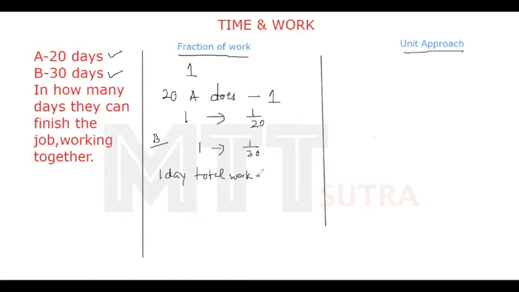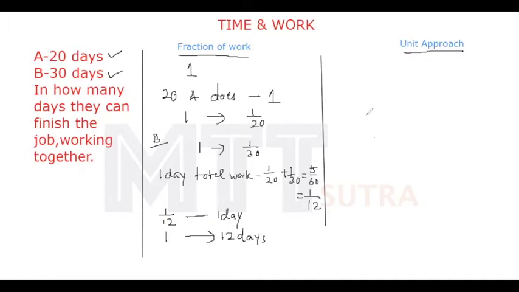You just add up 1/20 plus 1/30. That gives 3 plus 2, 5/60, which equals 1/12. So if 1/12 of the work is done in one day, total work is 1. That will obviously be done by them in 12 days. So this is all about the fraction of work method.